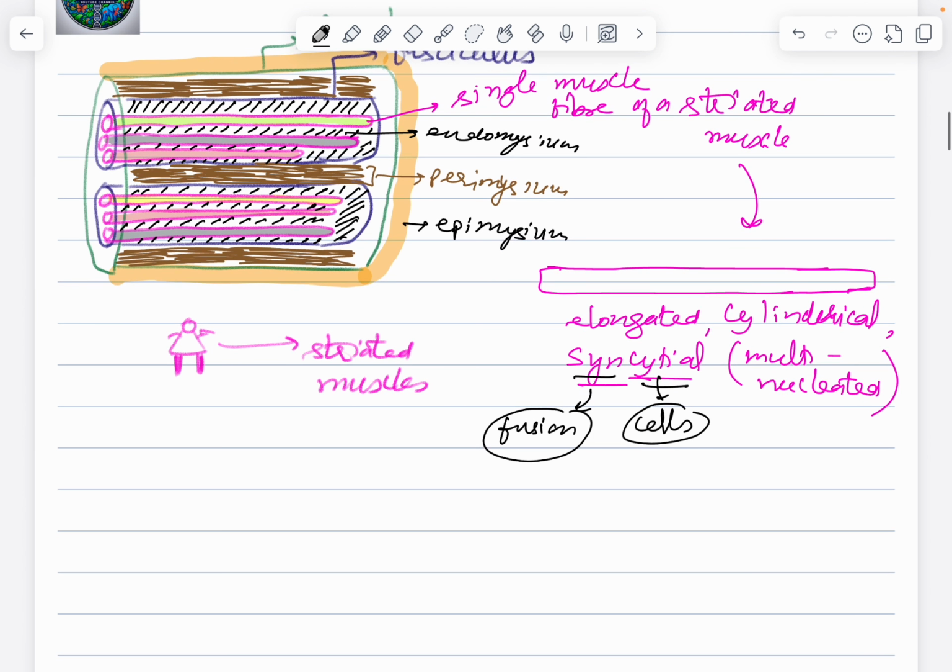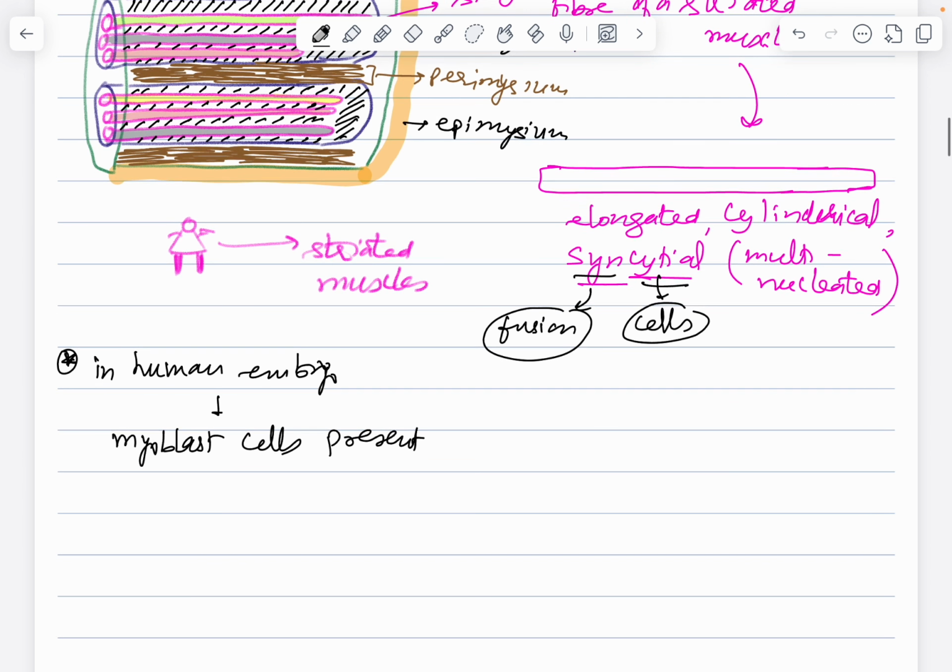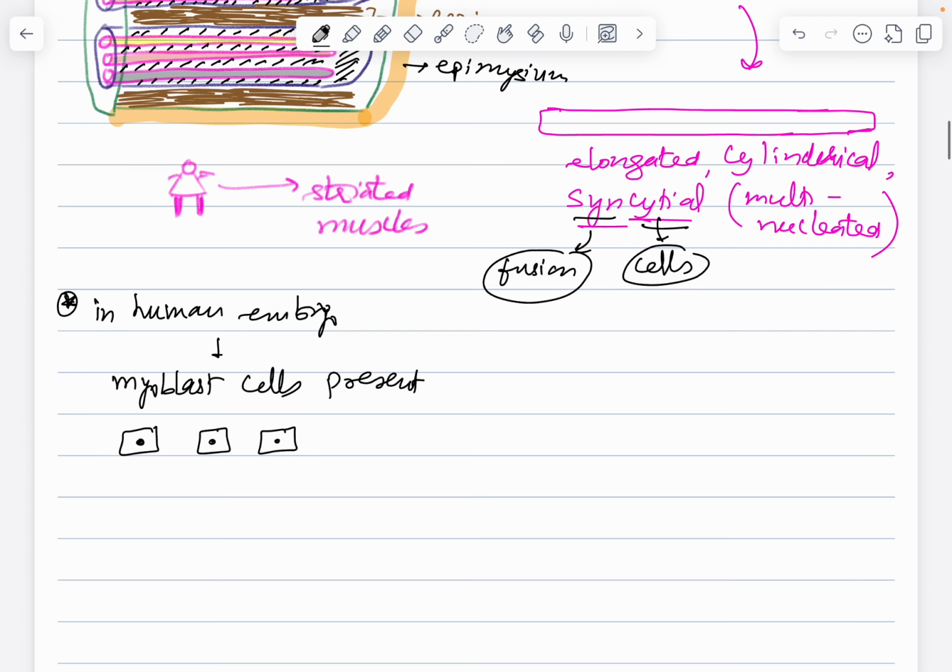So if I go back to embryonic stages of humans, in the human embryo, we have got certain cells called myoblast cells. Each myoblast cell is basically a small normal cell with a nucleus, one more myoblast with a nucleus, one more myoblast with a nucleus. These are also called the precursors of the muscle fibers.